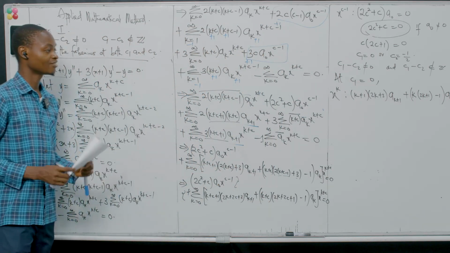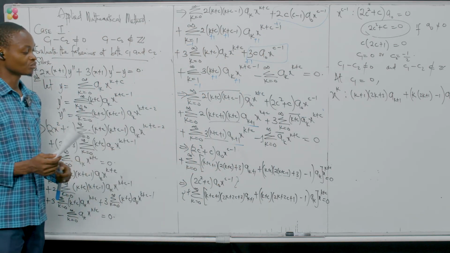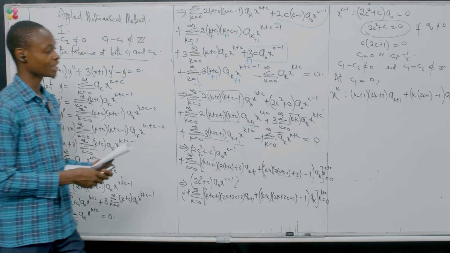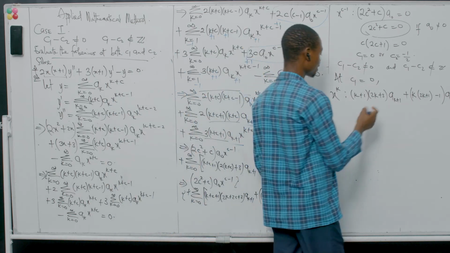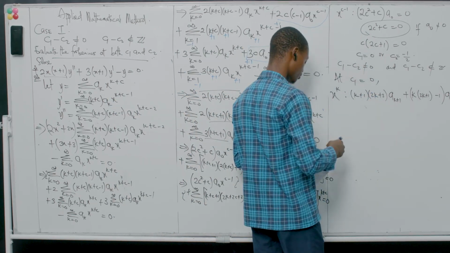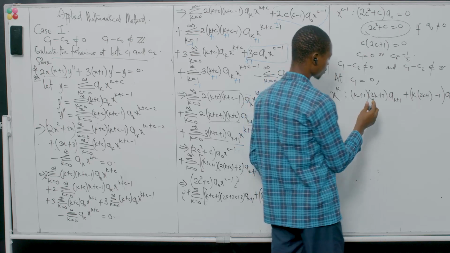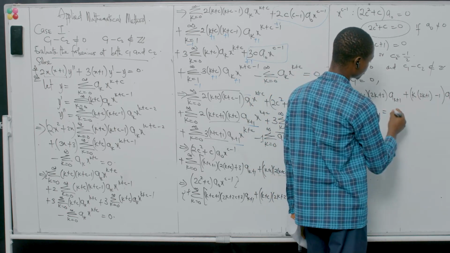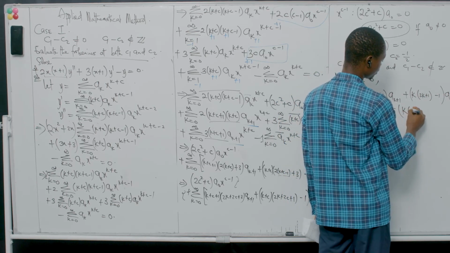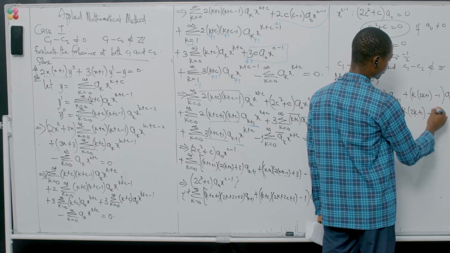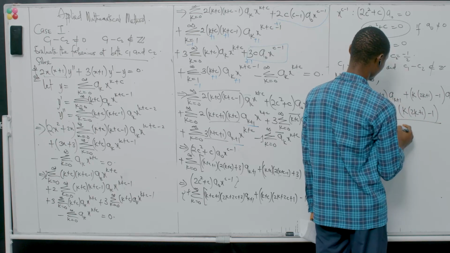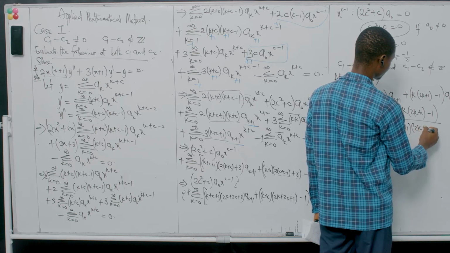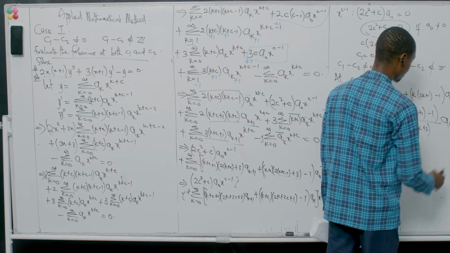This is going to be like the very first step we take. Now, the next thing is, let's make a_{k+1} the subject of the formula. So a_{k+1} is now equal to minus k times 2k plus 1 minus 1, divided by k plus 1 times 2k plus 3, times a_k.